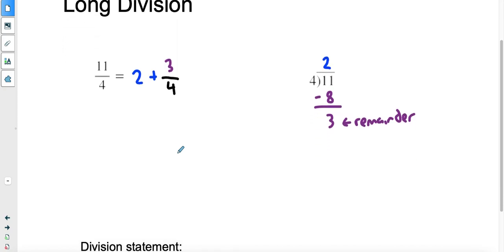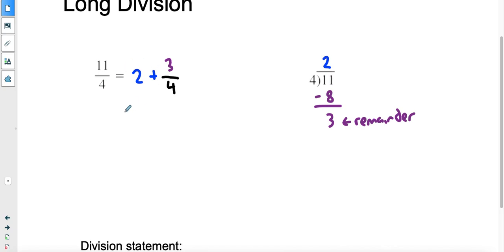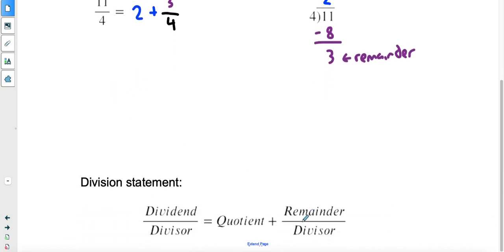Okay, and then our general form here is like this. If we take a dividend and divide it by the divisor, you get a quotient plus the remainder divided by the divisor. And this is what we saw with this example right here.